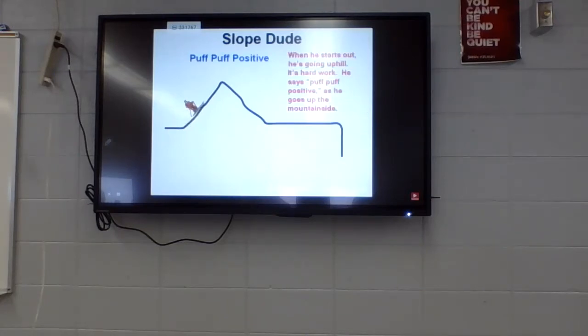He says puff, puff, positive as he goes up the mountainside. Puff, puff, positive. Now he's at the top. It was puff, puff, positive all the way up the mountain. But now he can look forward to the downhill. On the way down the mountain, he says, nice, negative, nice, negative.